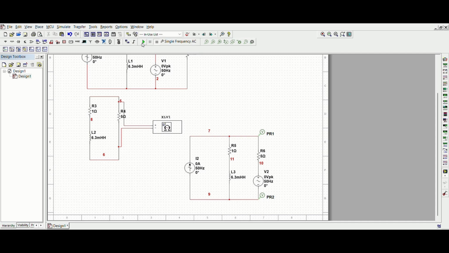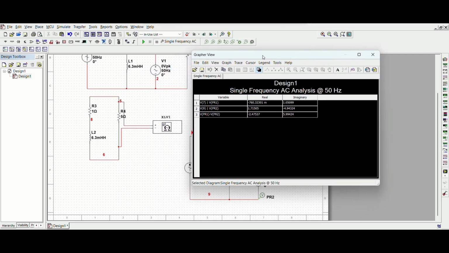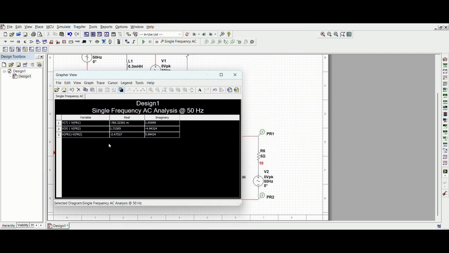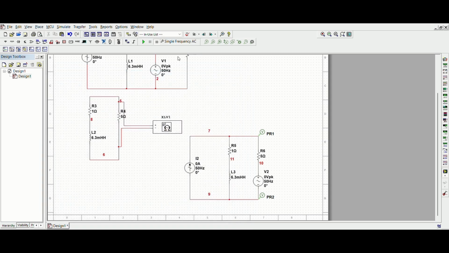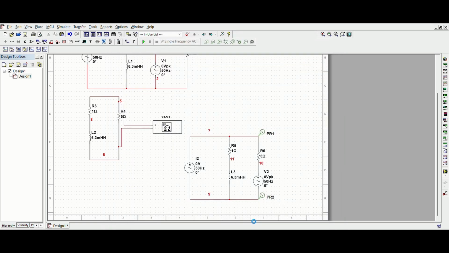And now we run this simulation. As you see, our output is in real and imaginary form. You can also change its format to magnitude and phase form and run.